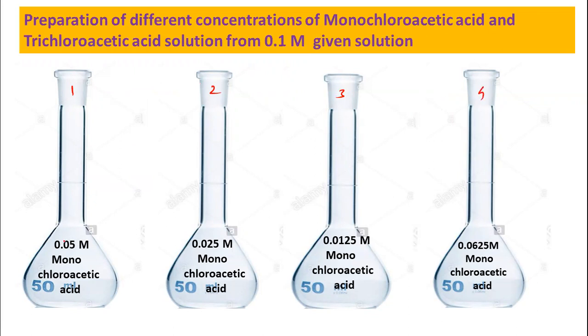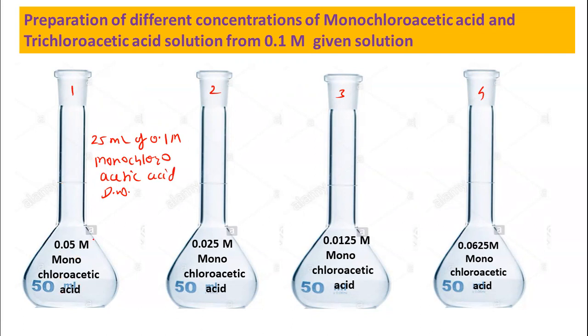For this 0.05 molar monochloroacetic acid, in flask number 1, we have to take 25 ml of 0.1 molar monochloroacetic acid solution, and then dilute this up to the mark using the distilled water. Then the concentration of the solution becomes 0.05 molar monochloroacetic acid.